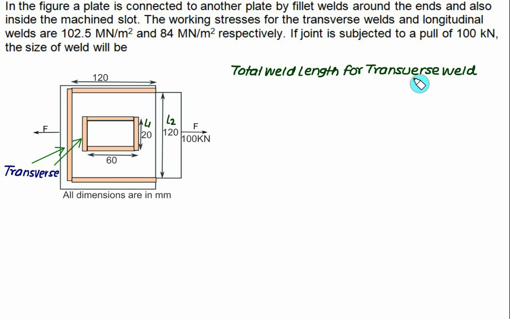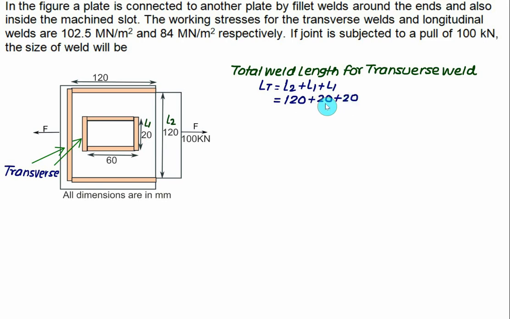So we'll calculate the total weld length for the transverse. Let's represent it as LT, which is equal to 120 as L2, plus this length, which is equal to L1, plus this length, which is again equal to L1. So we have L2 equal to 120, L1 equal to 20, plus 20.